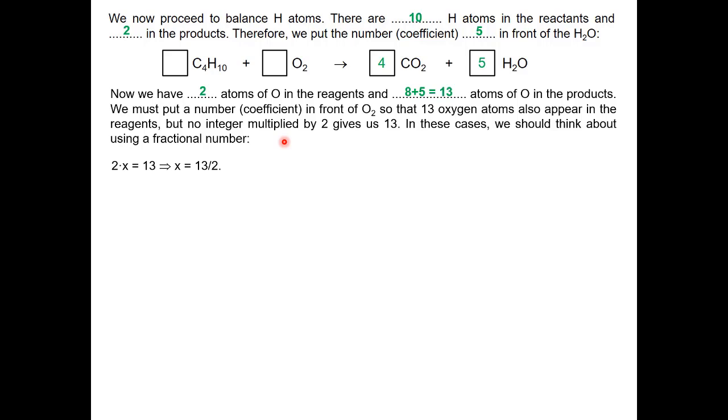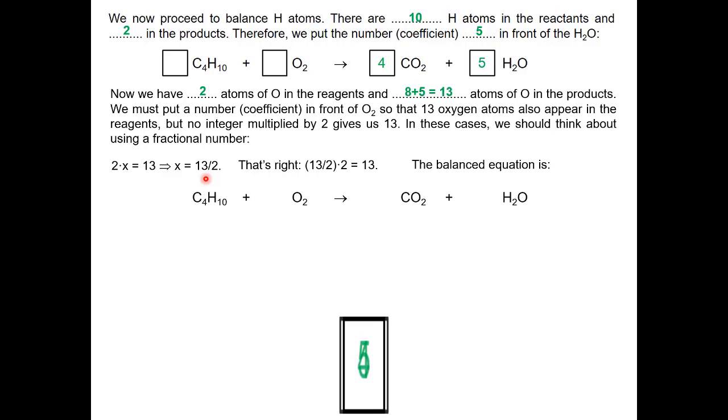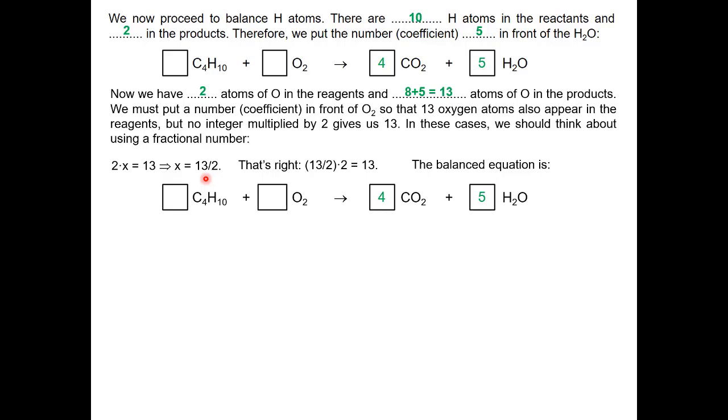This fractional number is 13 halves. What is the coefficient here? That's right, the coefficient here is 13 halves.